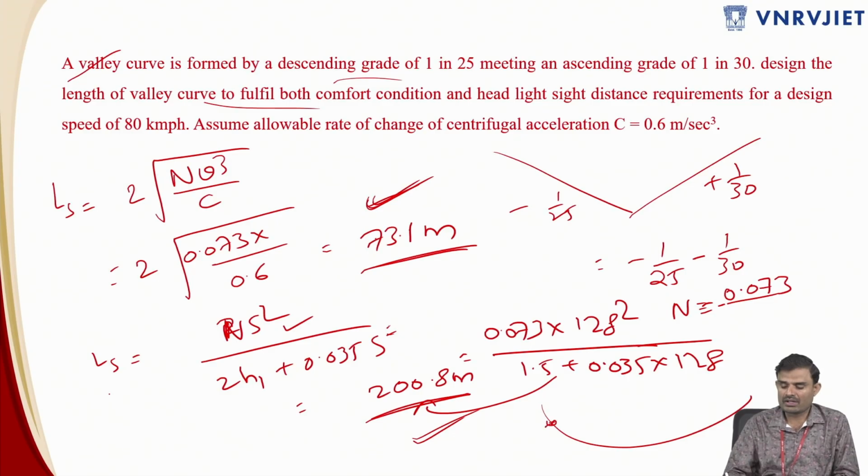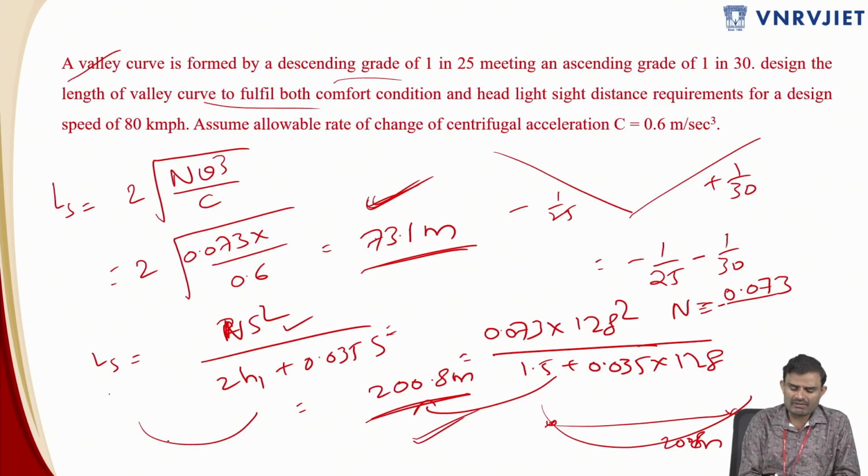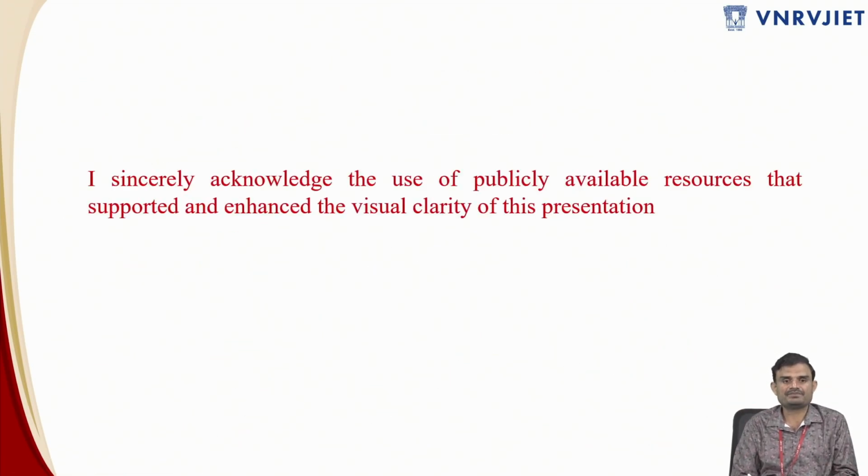If you are standing over here, at any point of time you should have a visibility of 200 meters, that is fine. You have 200 meters, so definitely 73.1 is a subset of that. But let me assume that you have provided only 73 meters, but in terms of headlight sight distance you require 200 meters. This criteria will not be fulfilled if you provide this. That is why you have to take the higher value, whichever is higher.